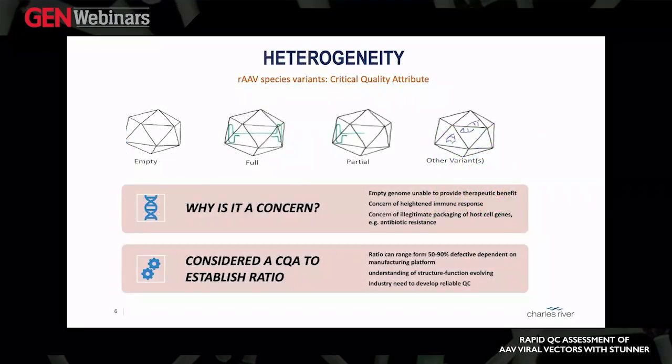But looking at QC testing for AAV, this slide shows where AAV biology comes into play. AAV biology dictates that during manufacturing, the target product, which is the vector containing the therapeutic gene of interest, will be produced, as shown in the picture, full. But also present will be particles that have no genome packaged, called empty.